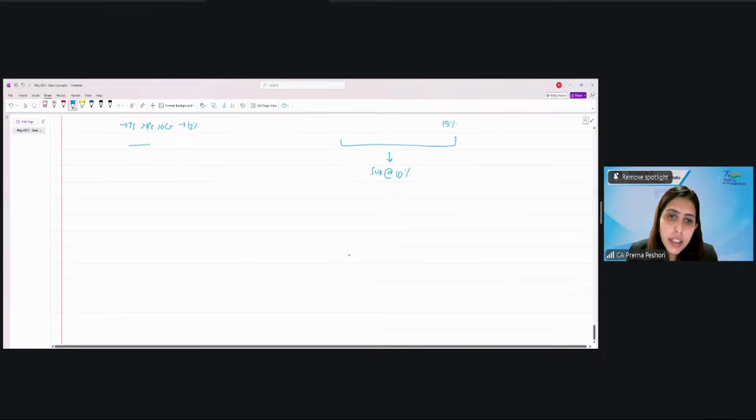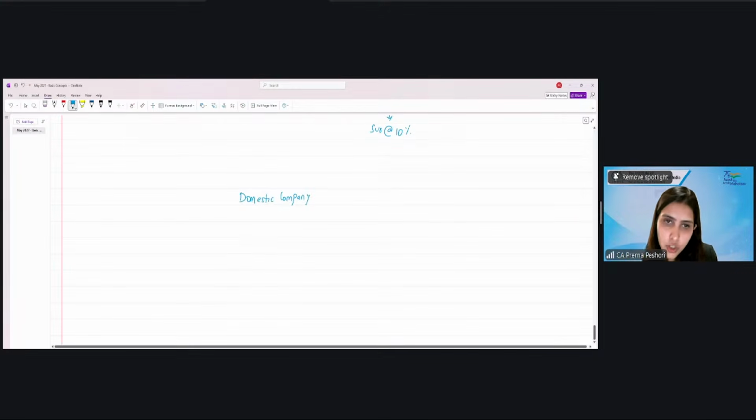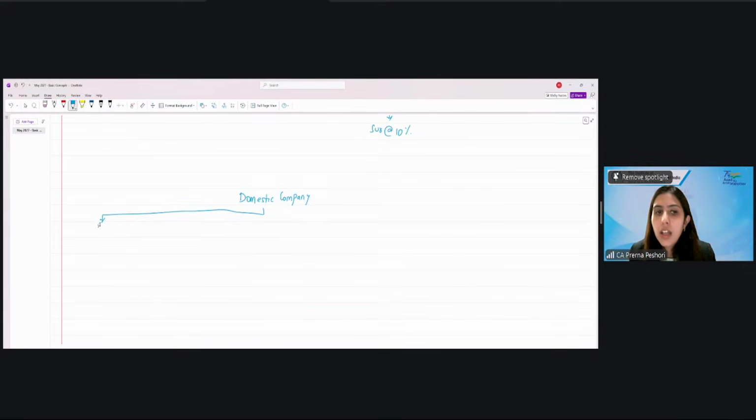Lastly, about the domestic company. Again, for the domestic company, there are 4 kinds of tax rates. Number 1, the general tax rate of 30%.